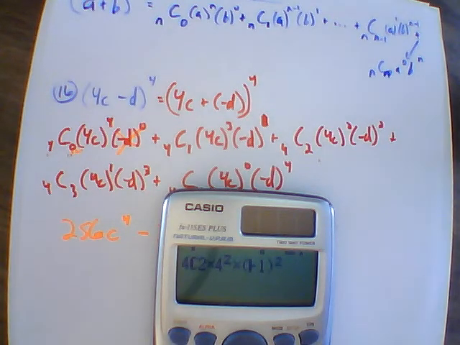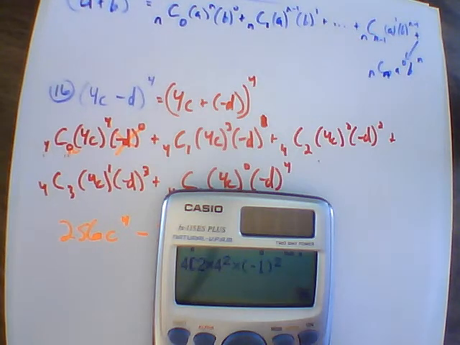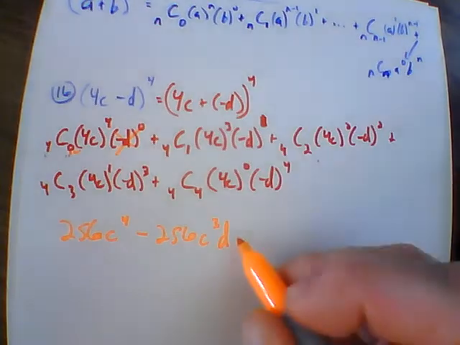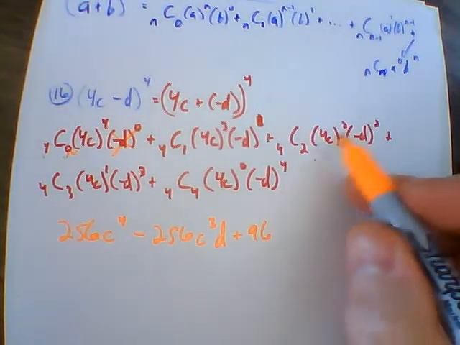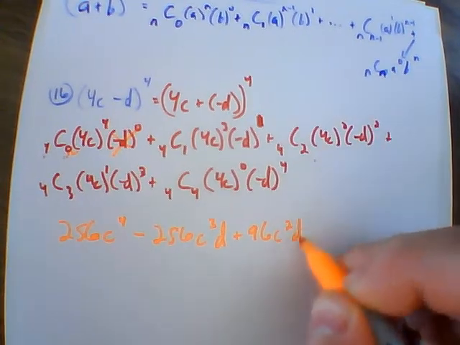If I'm squaring negative 1, it should be positive within here. So we would get a positive 96. So now we go plus 96, and now we have c squared d squared.